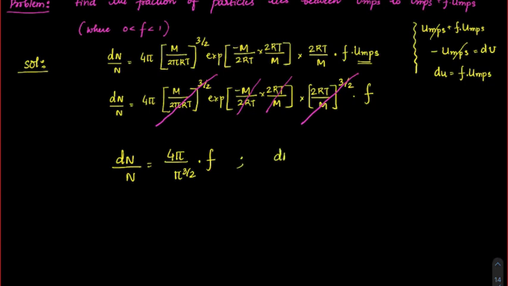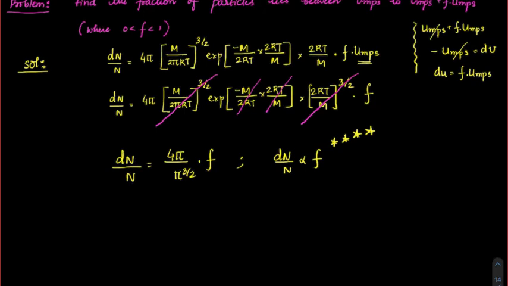So dn by n only depends upon that f value, which is amazing, that even if you take two different gases of different molar mass and different temperature, as long as you know the fraction f, dn by n only depends upon that value. So this is a very important conclusion we were able to arrive at.